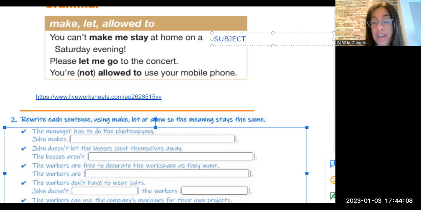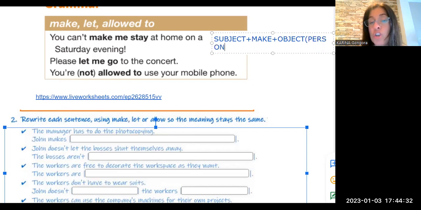So we have the subject, la persona, el sujeto es la persona que va a obligar a alguien. Yes? Then you have make, of course, conjugated, conjugado como lo necesiten, right? And then the object. ¿Cuál es el object? The object is the person, la persona que va a realizar esa acción. Yes, the person.